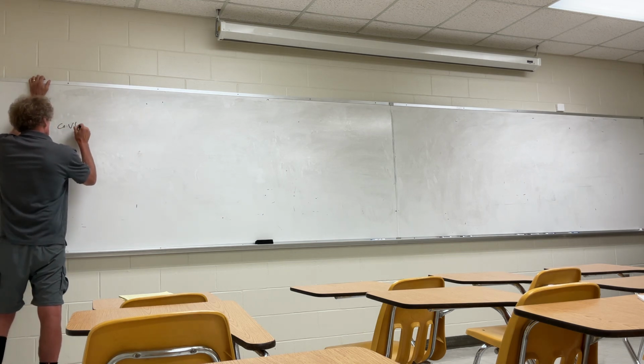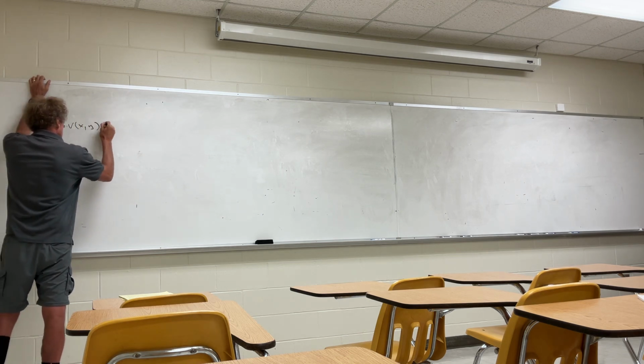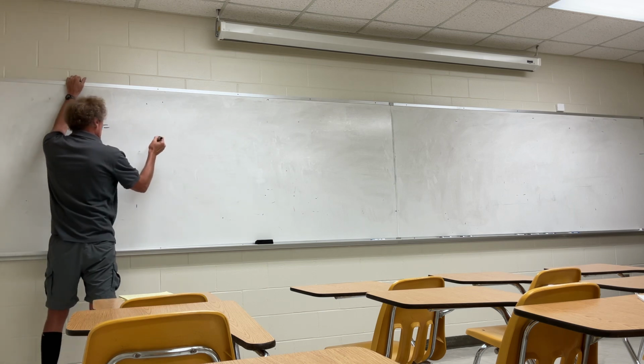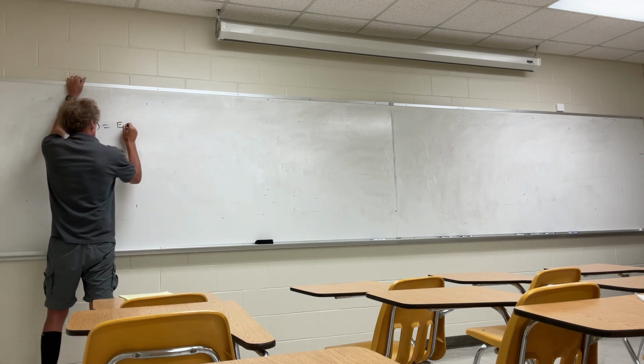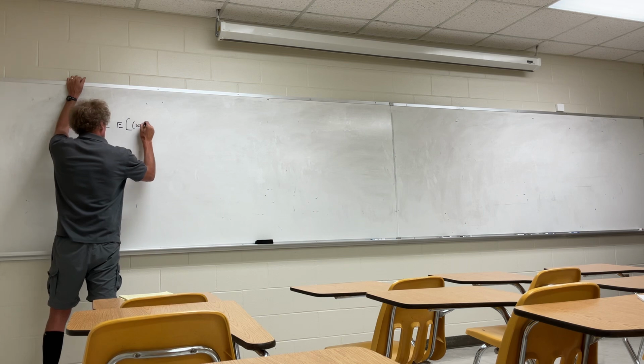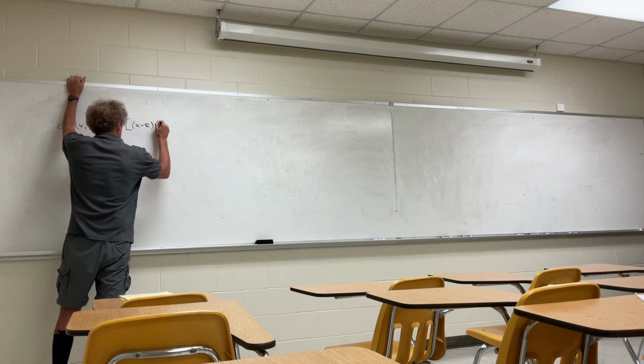A covariance of x comma y is defined as the expected value of x minus x bar times y minus y bar.